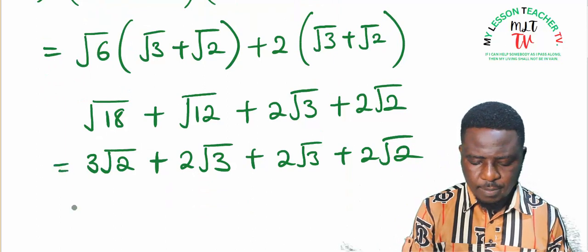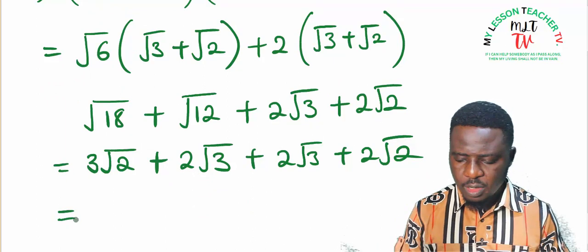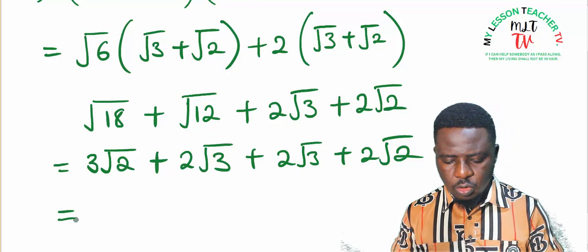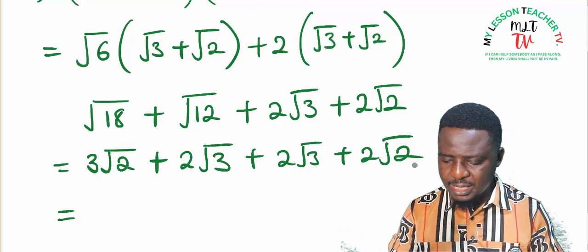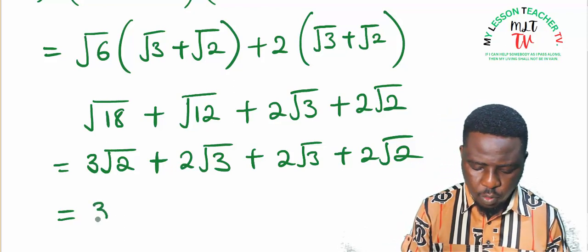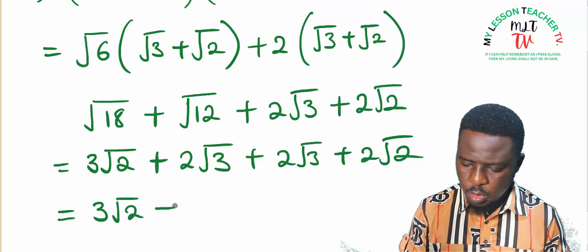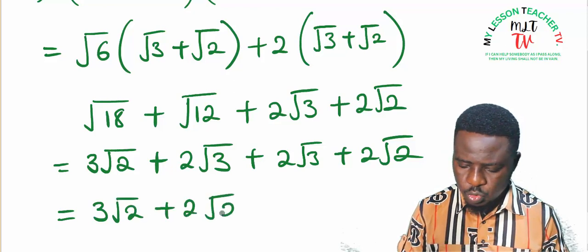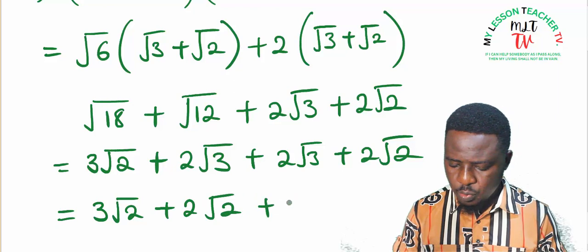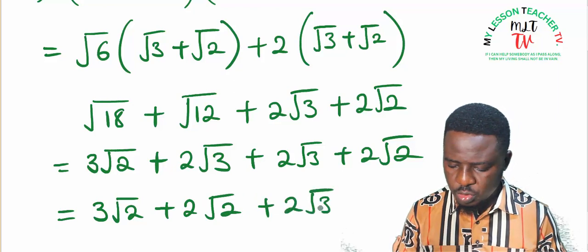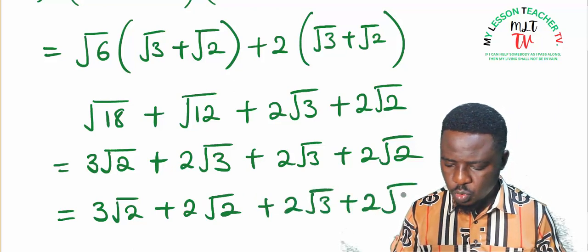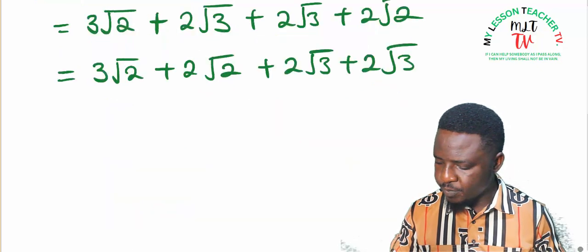Simplifying this further, let's collect like terms. Those of root 2 are said to be like terms, so I'm going to bring them forward. 3 root 2 plus 2 root 2, while we have plus 2 root 3 plus 2 root 3.